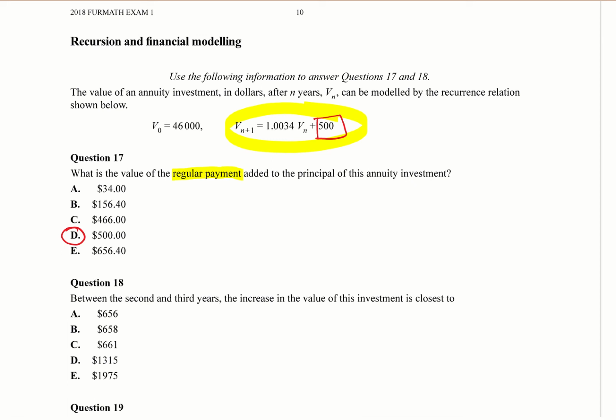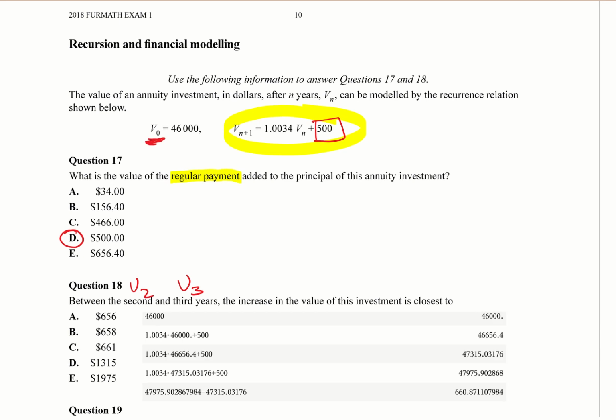Now, question 18. We're looking at between the second and third years, the increase in the value of this investment is closest to. When we say second, that's V2, and then third is V3. So you're going to have to calculate V1 because we've already got V0. That is where your calculator comes in handy, because I've prepared this little thing earlier. I just type 46,000, press enter.